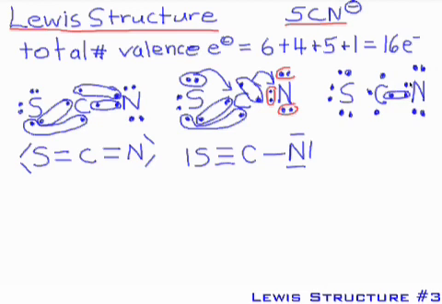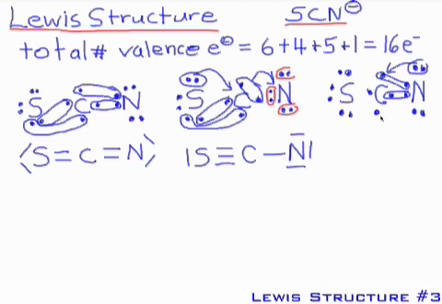When I join up nitrogen with a double bond, I see nitrogen's happy now, 2, 4, 6, 8. Carbon only has 2, 4, 6. Nitrogen could dump in one of its lone pairs in a dative and make 3 bonds there to make carbon happy. So nitrogen is 2, 4, 6, 8. Count carbon now. 2, 4, 6, 8. Sulfur needs 2 electrons.